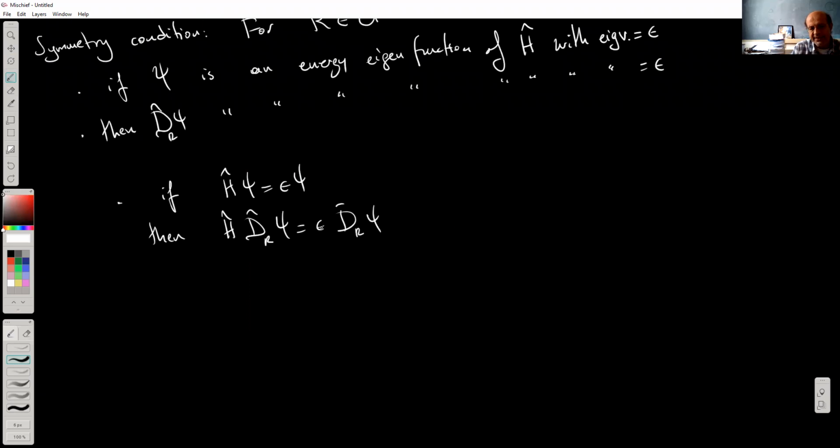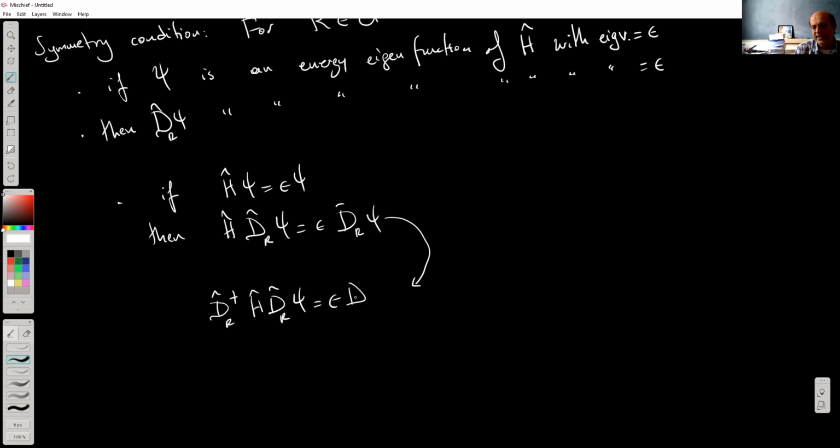But how can I understand this? What I need to do is rewrite this equation in a different form. I apply the inverse of dr to that equation from the left.